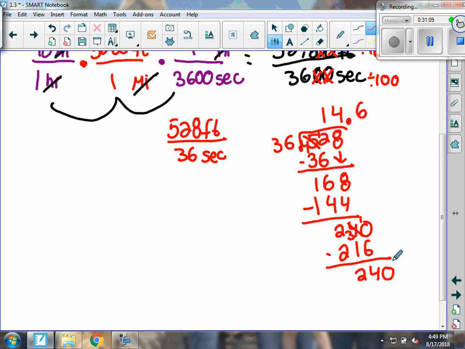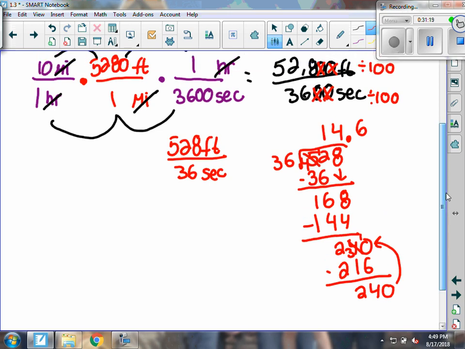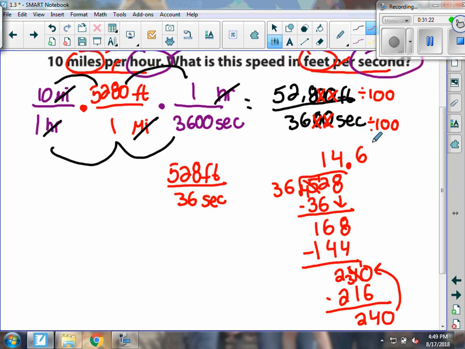What do you notice? If you're paying attention, you notice that's the exact same number as this. So it's just going to repeat. So this is 0.6 repeating. But I don't want to put just a bar notation. I'm going to want to round this to the nearest tenth. In order to do that, I need to write my hundredths down. And I know it's going to be 6 because it's 6 repeating. So I'm going to write that second 6 down and use that to round.